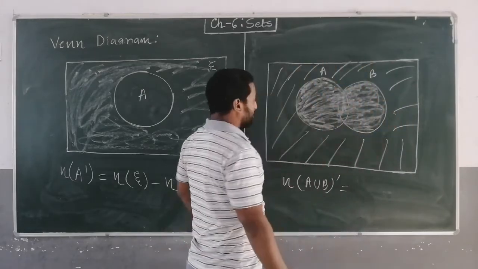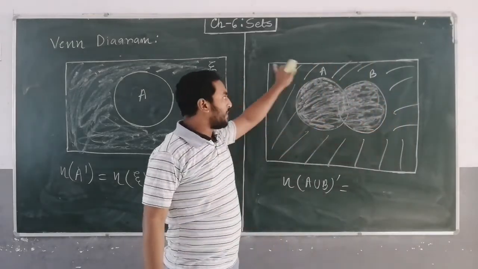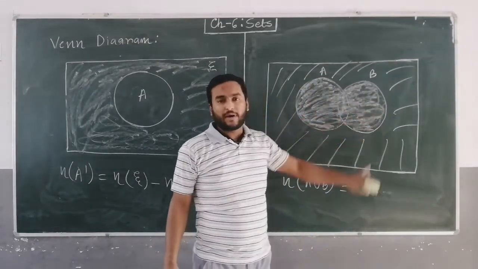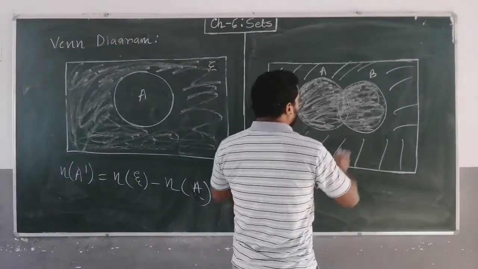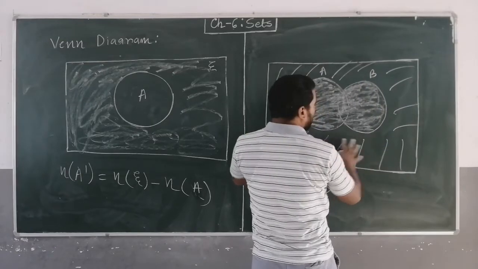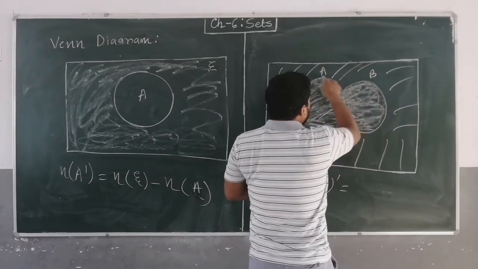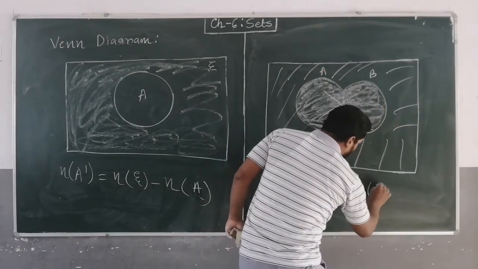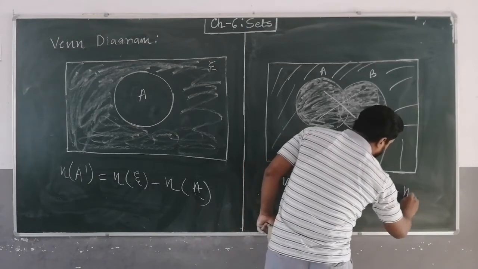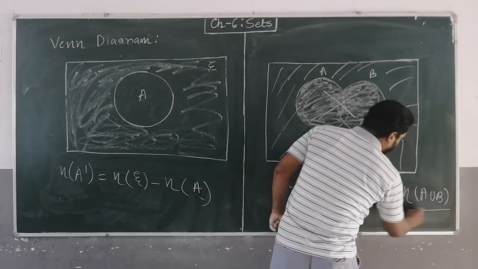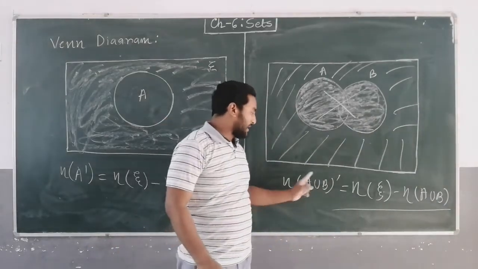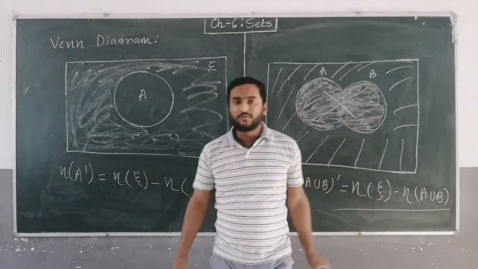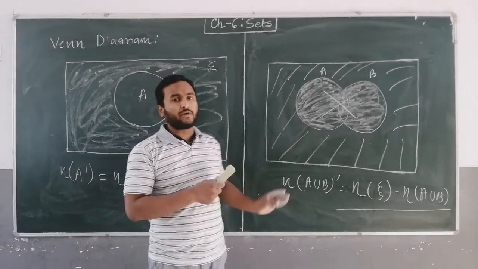So A union B complement is the area bounded by the rectangle or the universal set except the area bounded by A union B. So from xi, the area bounded by the universal set, if you subtract this area of A union B, then you will get A union B complement. So cardinal number of A union B complement equals cardinal number of the universal set minus cardinal number of A union B. So in this way you can find the cardinal number.